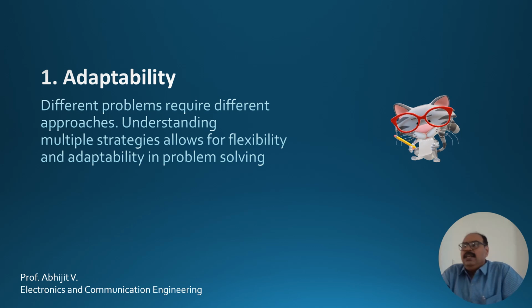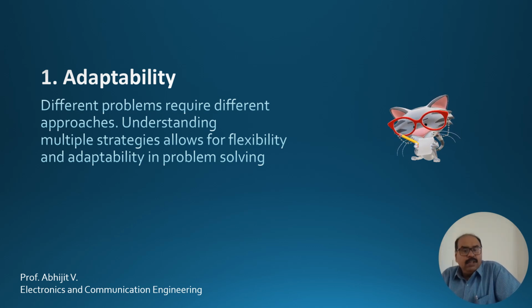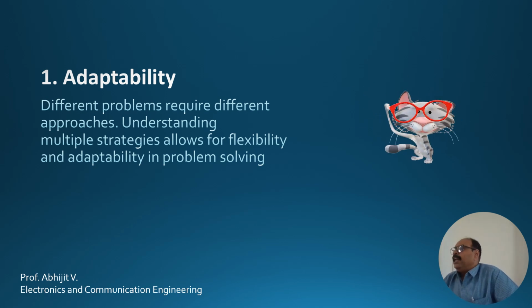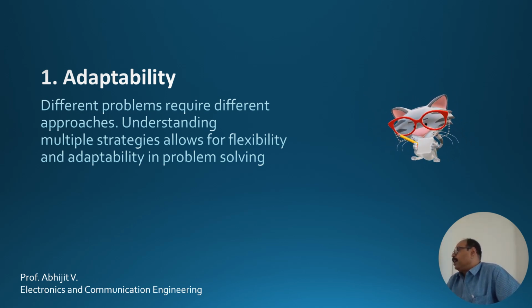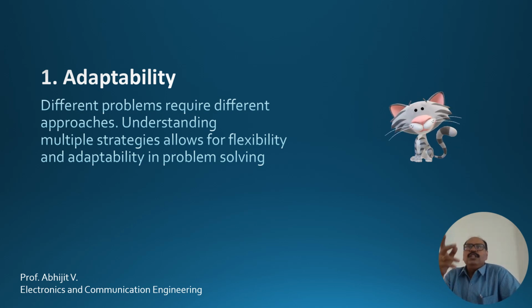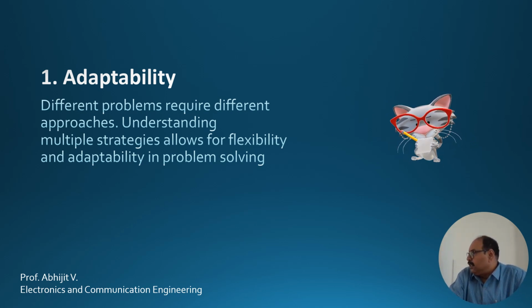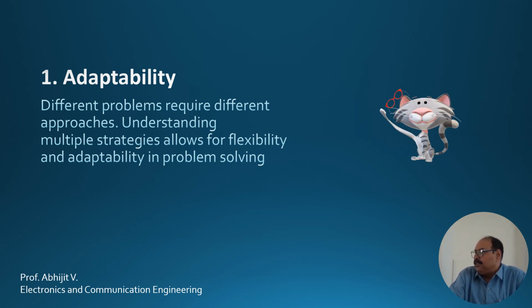The first step is adaptability. Different problems require different approaches. Adaptability means you should be capable of adapting to the situations. Like I told you in the example before, you have planned for the movie, everything is ready and everything is fine. You have purchased new dresses, you made everything ready.